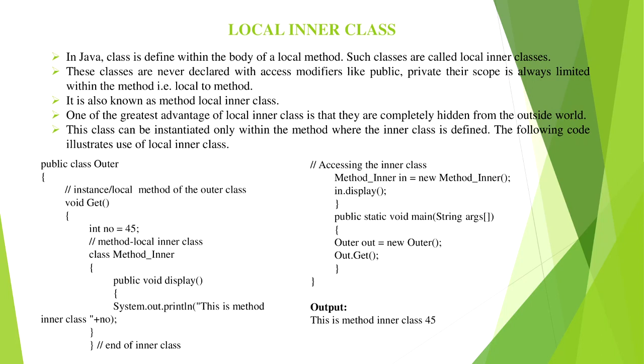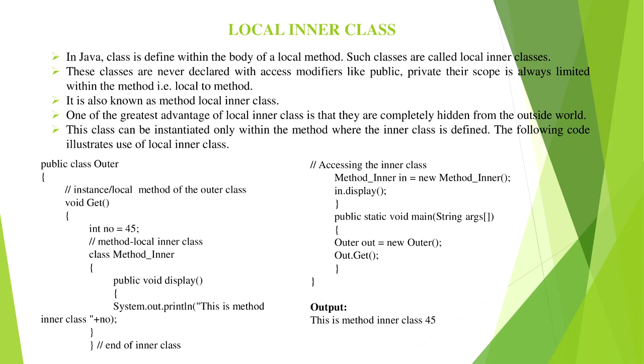Here I declare the class Outer as public, and inside it I declare one method, get, and define one variable, number, initialized with the value 45. Then comes the class MethodInner, a method local inner class. Why is it a method local inner class?